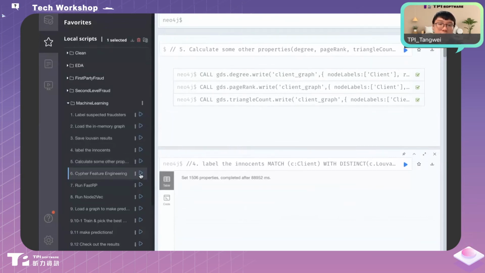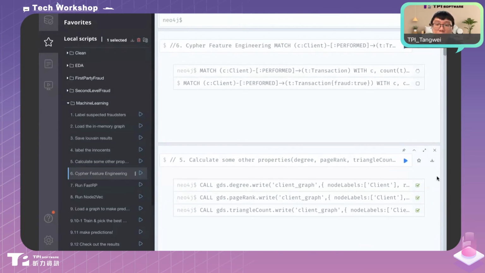And then next, we will perform some feature engineering. So we will use Cypher to do some feature engineering, such as counting the number of fraud transactions of this client in this PaySim dataset.